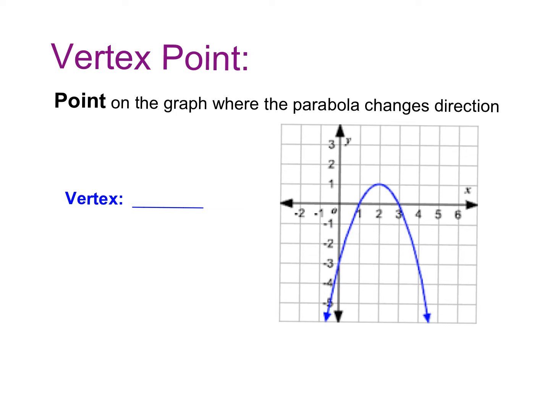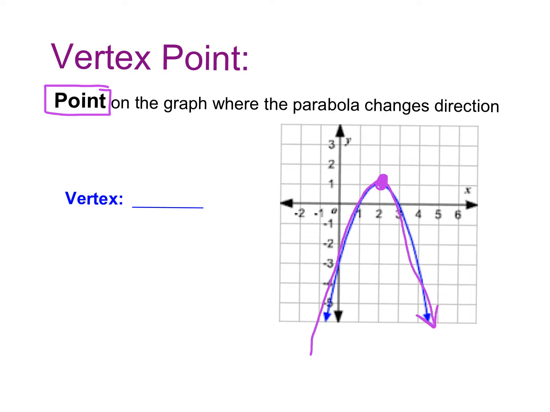And the first key component that you need to be able to find is called the vertex point. And the vertex point, by definition, is the point on the graph where the parabola changes direction. So here, if you look at this parabola and we trace it along, we're starting on the left, it's going up, it's going up, it's going up, and then it reaches this important point up here at the top where it then changes directions and starts going down.